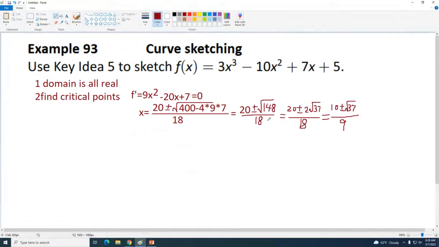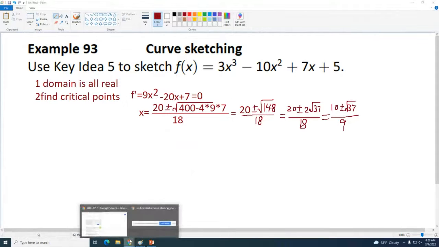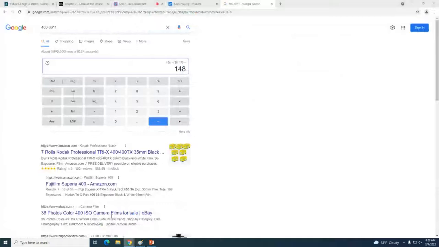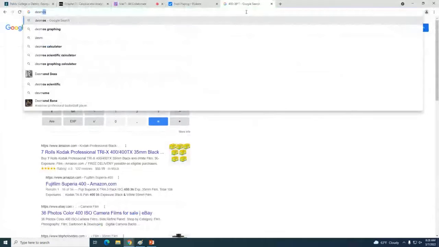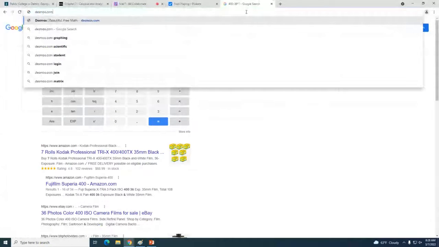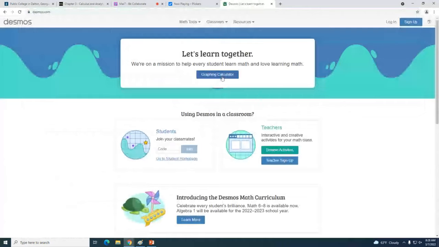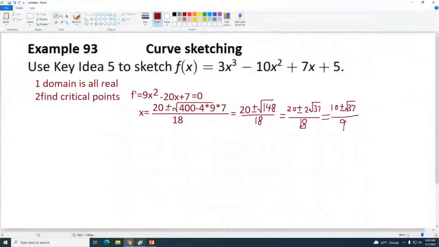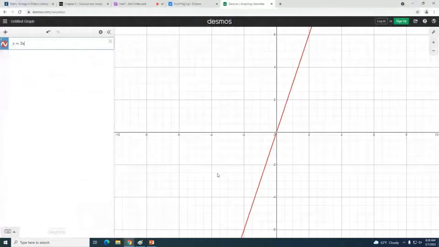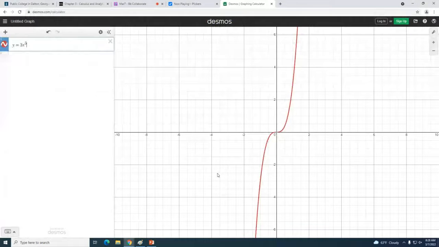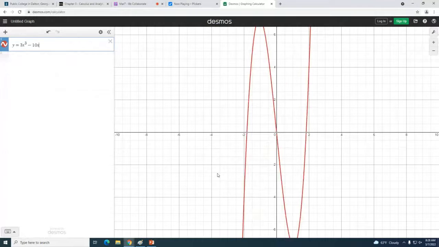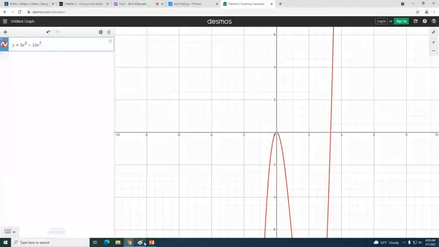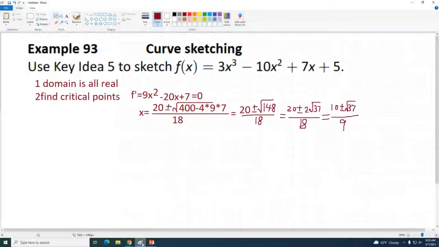Now, very easy. We can also double check that I found the right number, just to make sure we're not making any mistakes. So here's our function, y is equal to 3x cubed minus 10x squared minus 10x squared and plus 7 plus 5.